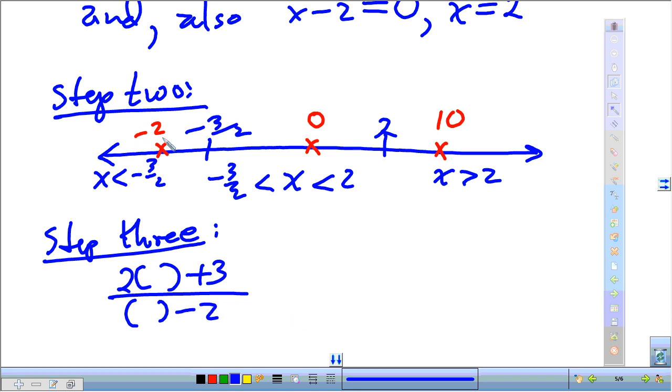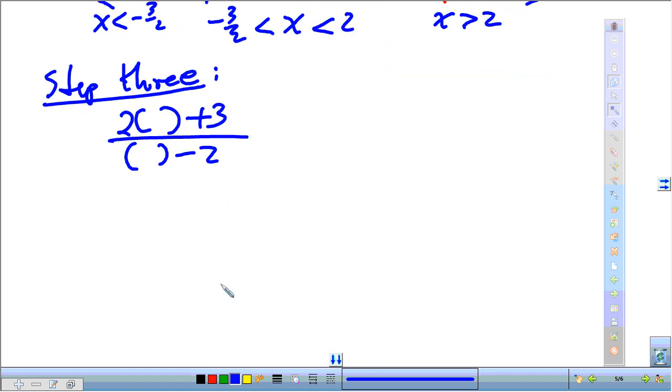So at these 3 test values, I'll substitute. If I use minus 2, the value will be minus 1 over minus 4, which is positive.